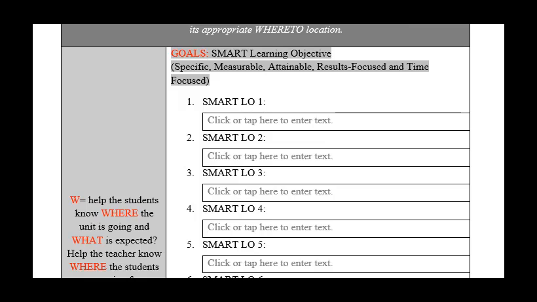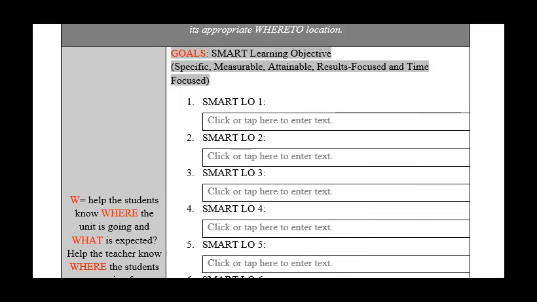As we begin, as you may remember from previous lessons, we will start with the SMART learning objectives. Learning objectives should be specific, measurable, attainable, results-focused, and time-focused. Throughout the lesson, you will understand that we may have many items listed or few based on the lesson itself.